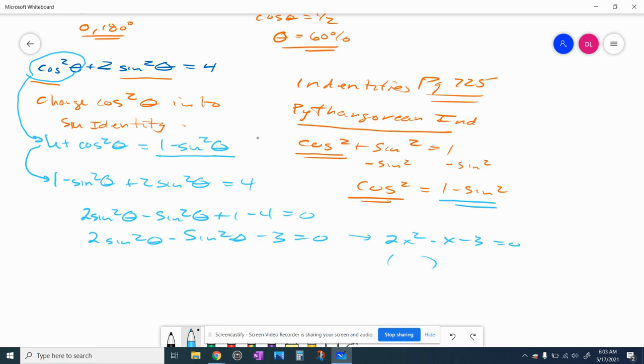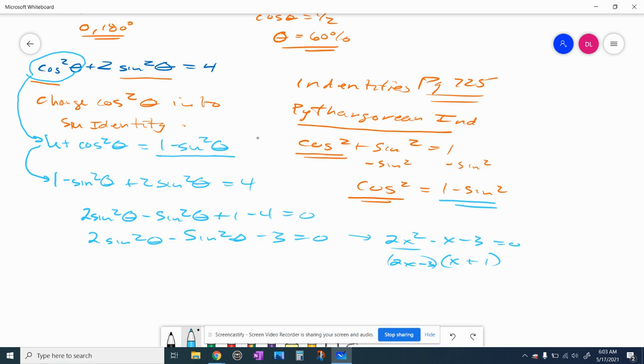Now I can factor this into two pieces, but I messed up here.